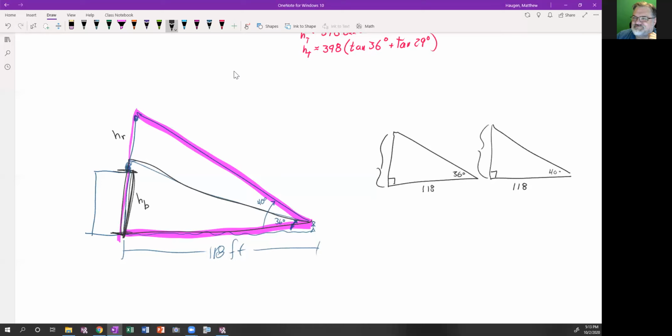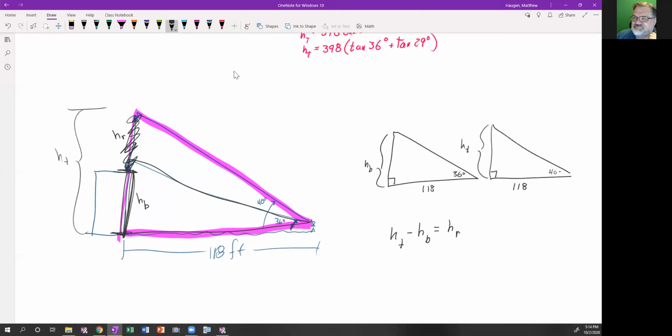This is going to give us the height to the top of the rod. So what are we going to do with those 2 heights to figure out what the height of the rod itself is? Well, we're going to take the height to the top, subtract the height to the bottom, and that'll give us the height of the whole rod.